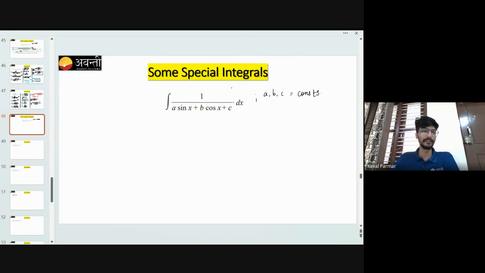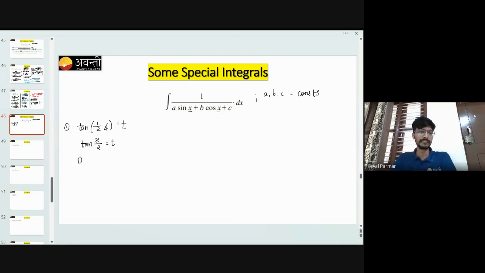So in this type of integral, what we'll do, here the angle is x. So what we do is we substitute tan of half angle is equals to t. So here that means we have to substitute tan x by 2 is equals to t.